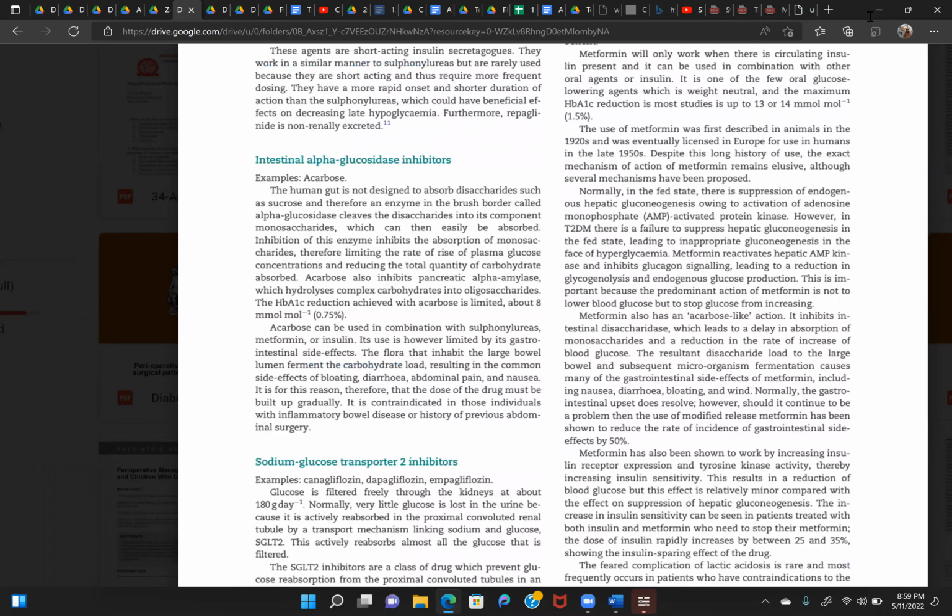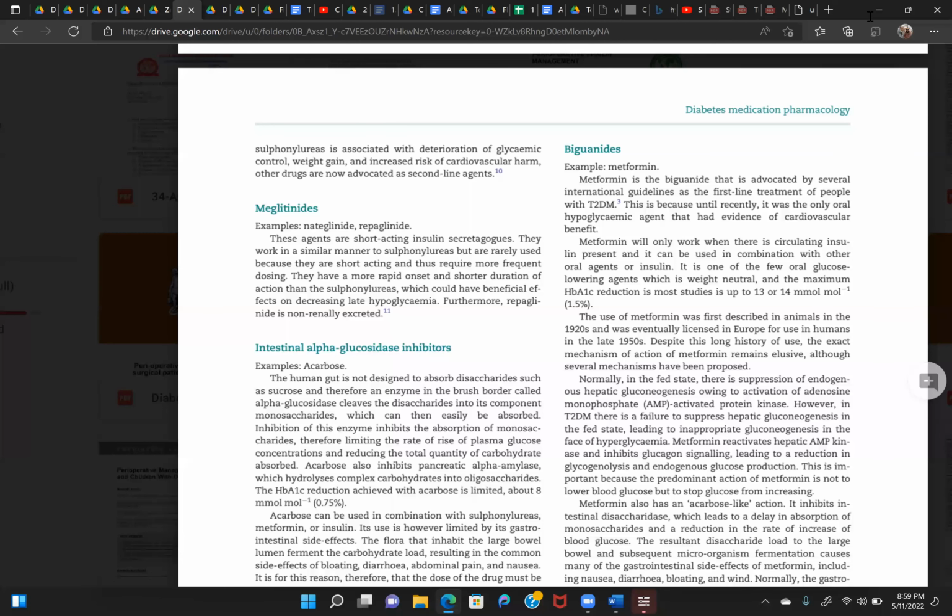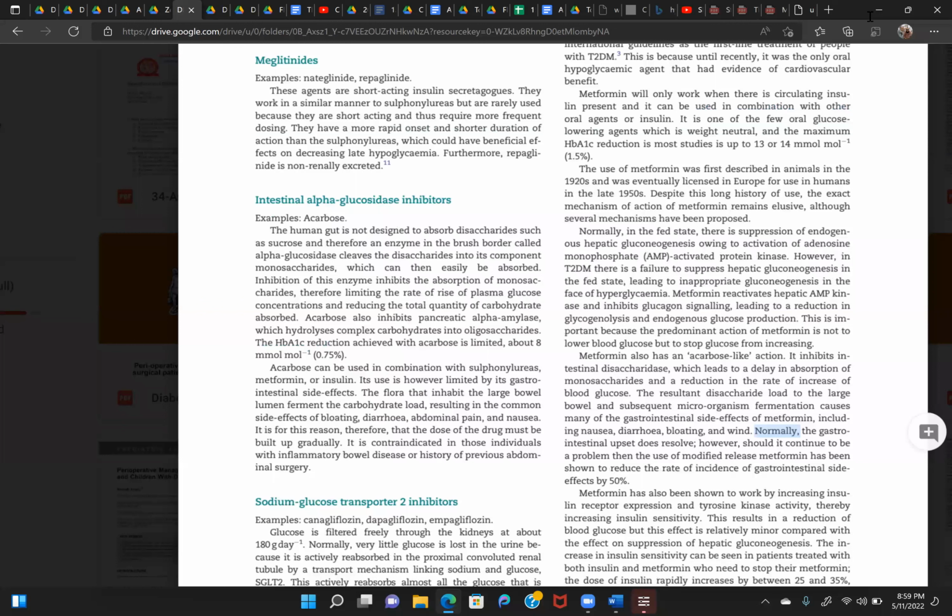The biguanides, as I was telling you, will not cause hypoglycemia. That is why metformin is used for things other than diabetes.